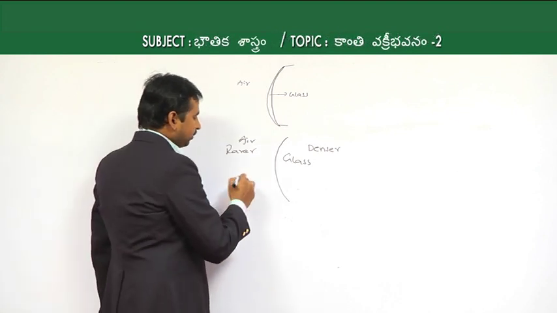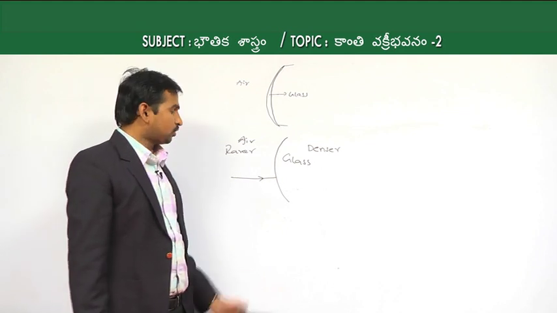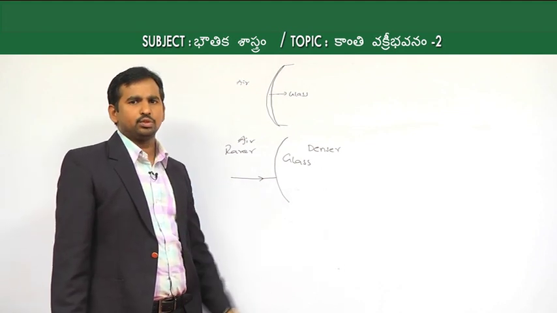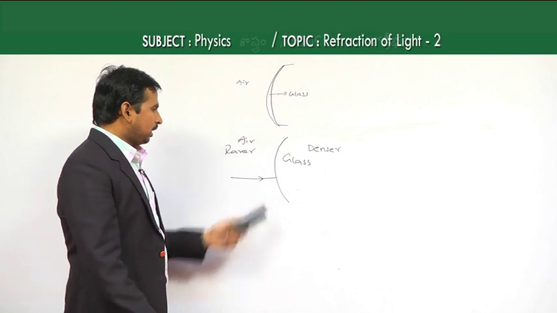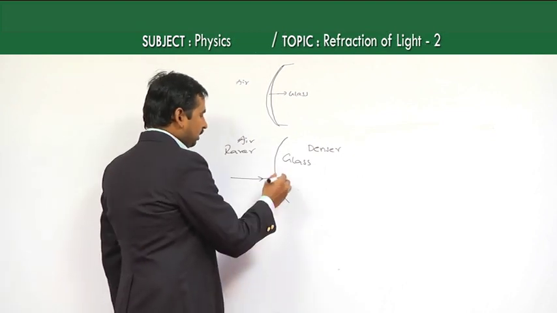Whenever a light ray is incident on the surface, let us suppose a parallel, straight ray is coming incident on the surface here, depending on the curved surface, we have a normal like this.